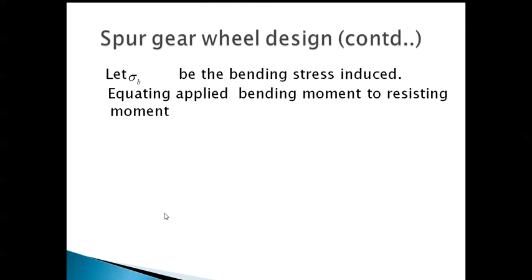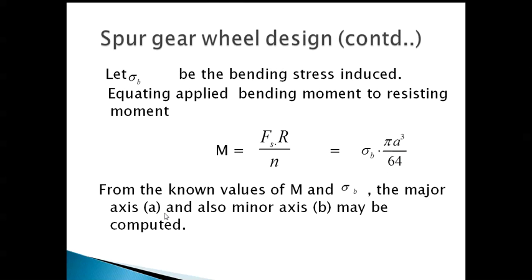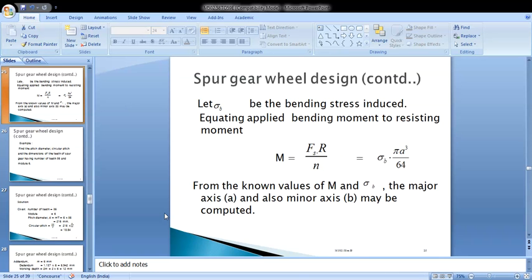By equating the applied bending moment to the resisting bending moment, M equal to Fs into R by N equal to sigma B into pi a cube by 64. By knowing the M and sigma B values, we will find the major axis and minor axis of the arm. This way we can design the spur gear wheel. We'll see the problems on spur gear design in the next class.